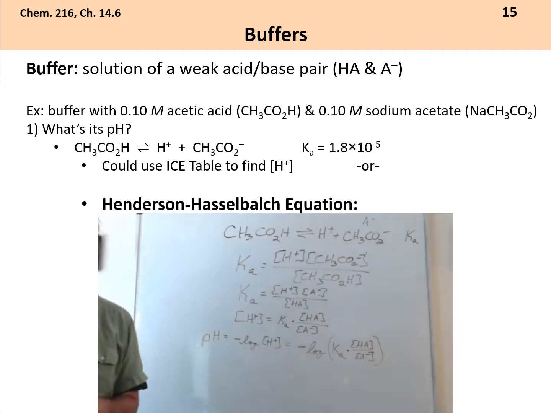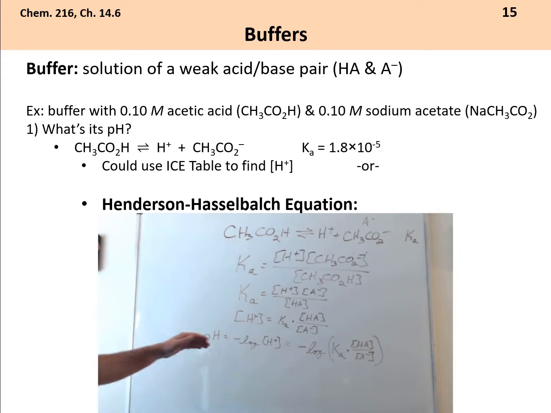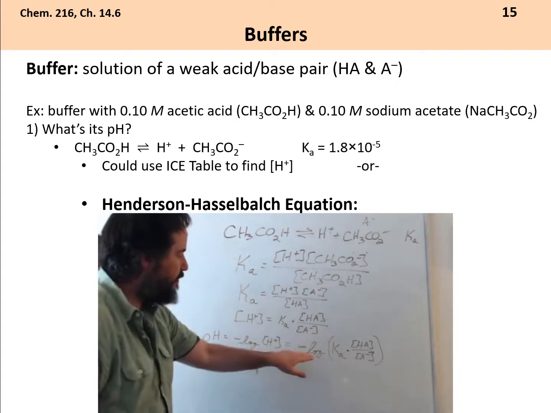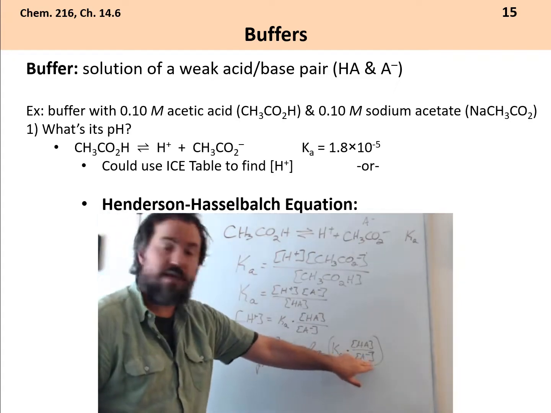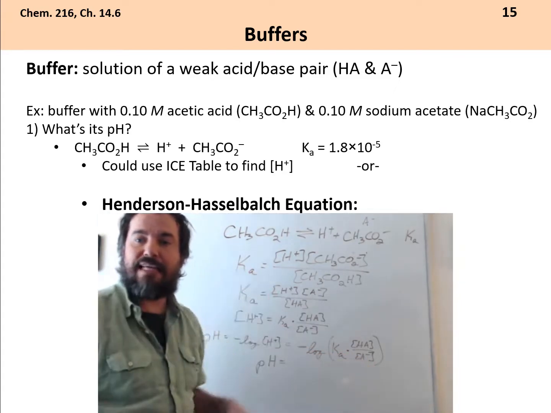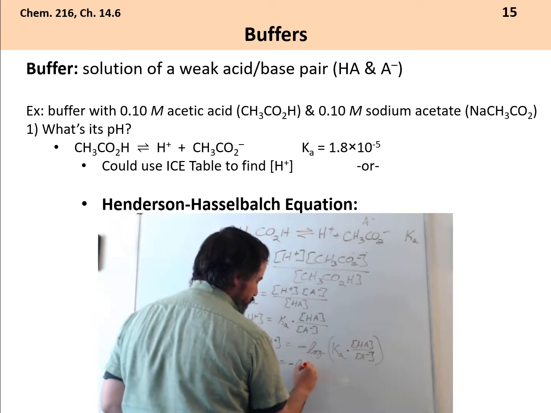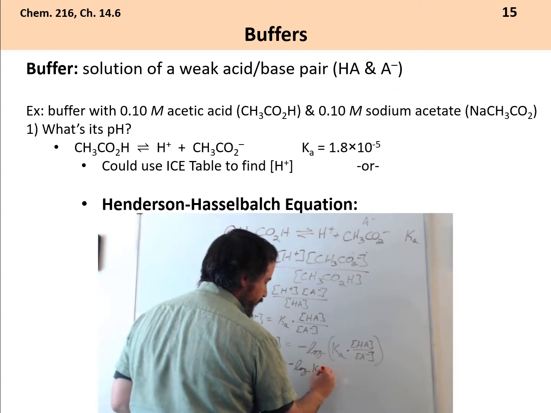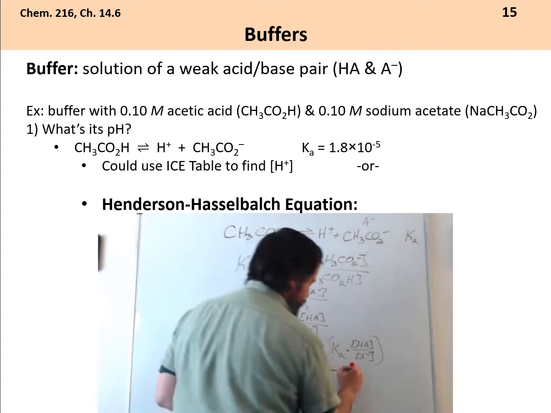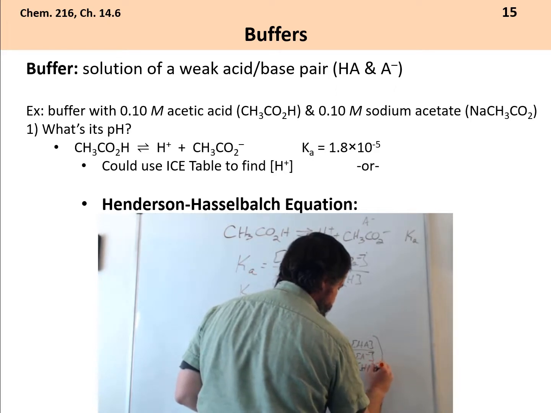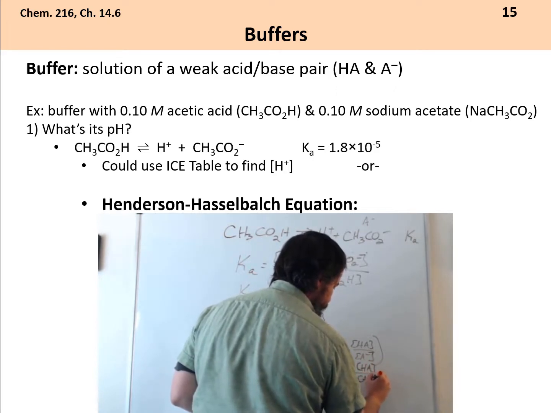Okay. All right, now it ends up that there's a rule for logs. And that is that if I have log of something times something else, I can just add these up, right? So I could separate this into negative log of Ka minus the log of HA over A minus.